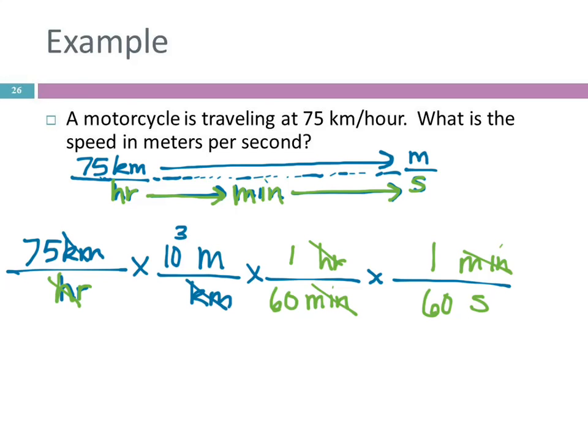So we've got my calculator now. 75 times 10 to the third times 1 EE3 divided by 60 equals, calculator says 20.83333, that's just going to repeat forever, meters per second.